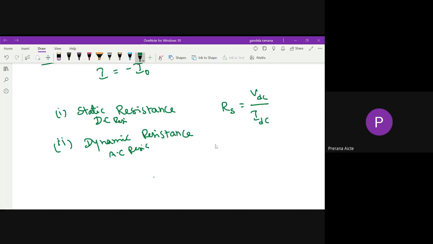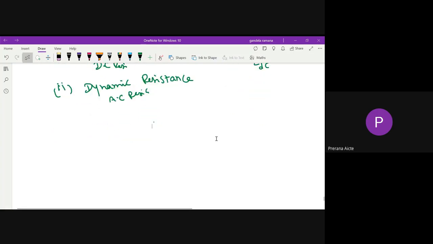So this is normal. So what is dynamic resistance? Dynamic resistance is Rd is equal to change in voltage to change in current. Change in voltage to change in current means in the characteristics, it will rapidly increase.